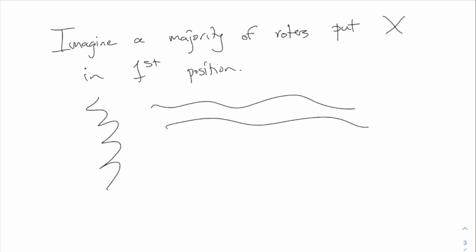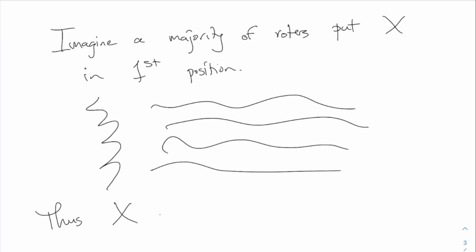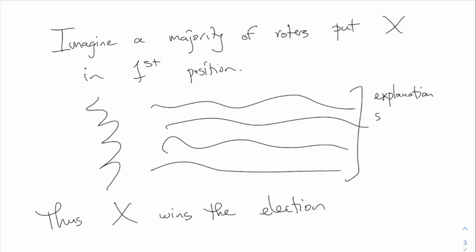You say some stuff in here, and then you say, thus X wins the election. And in here is an explanation specific to Borda or RCV or whatever.